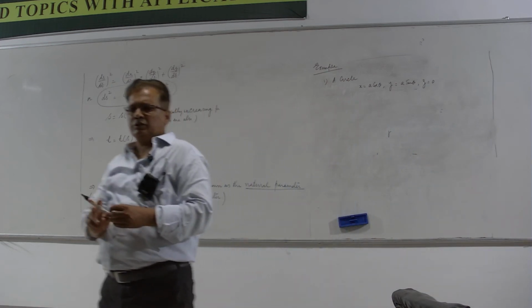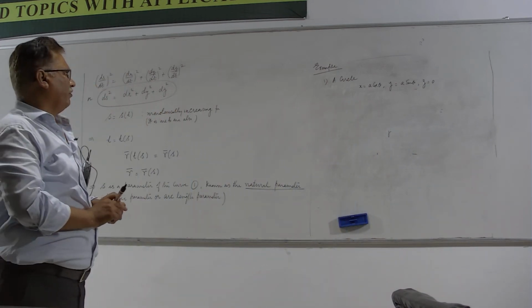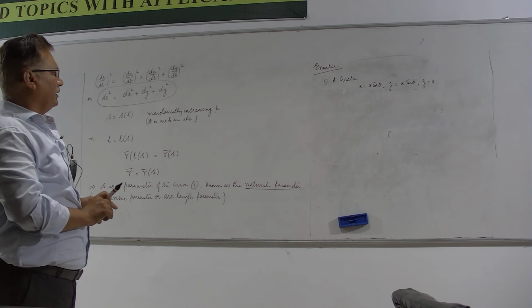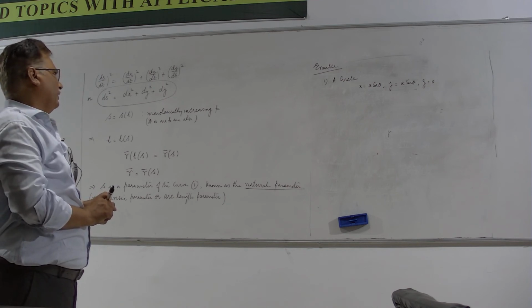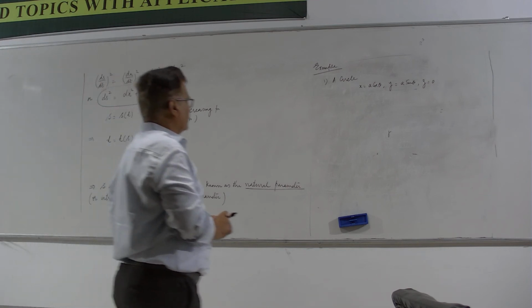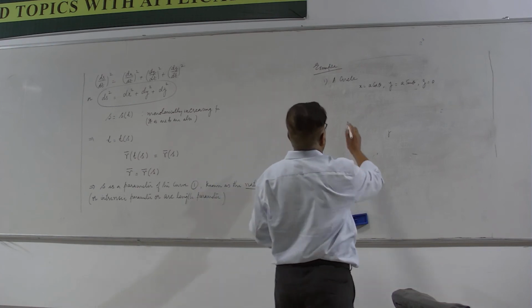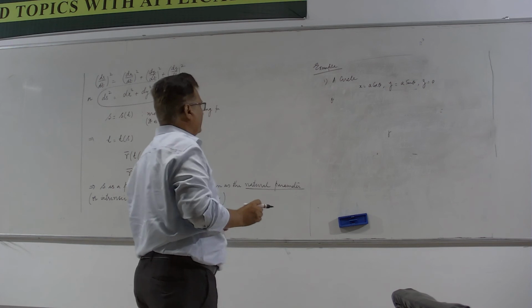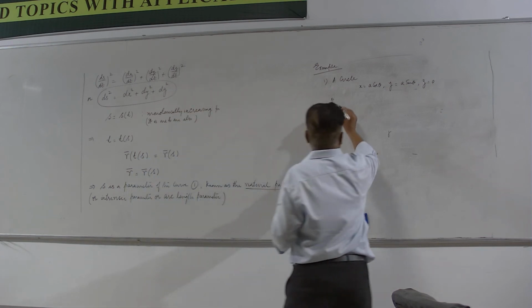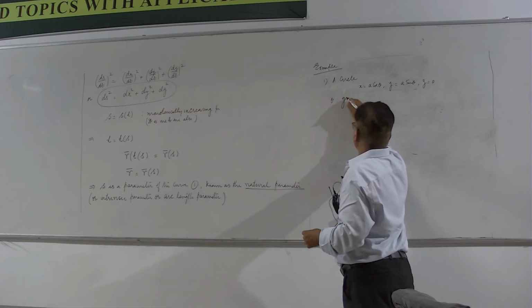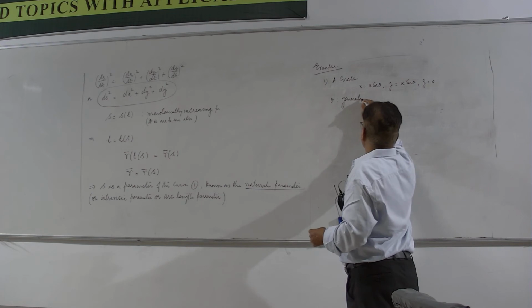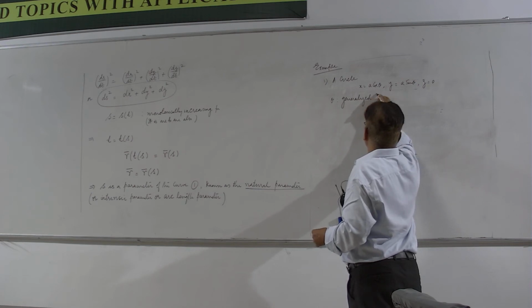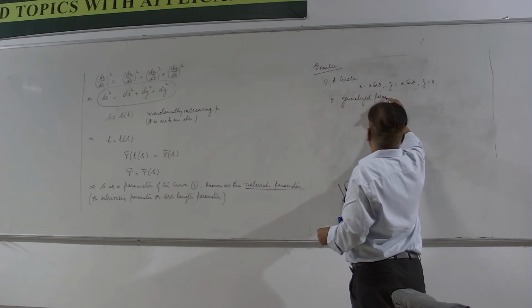Okay. So, this becomes the parametric equation of a circle whose center is at the origin and radius is a. And the theta over here, which varies between 0 and 2 pi, is the generalized parameter.